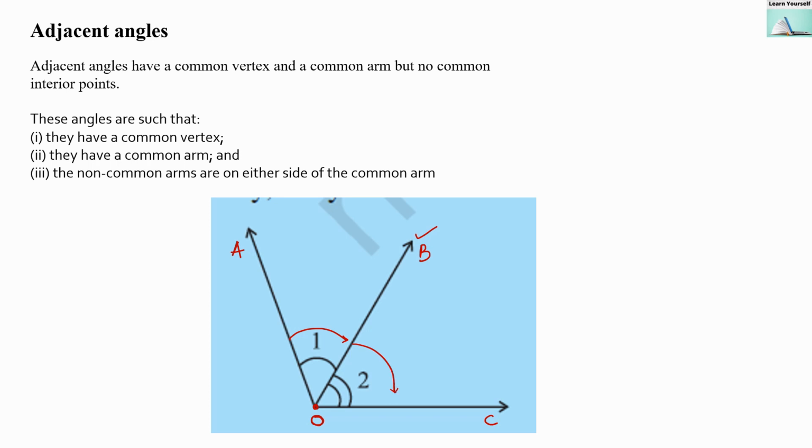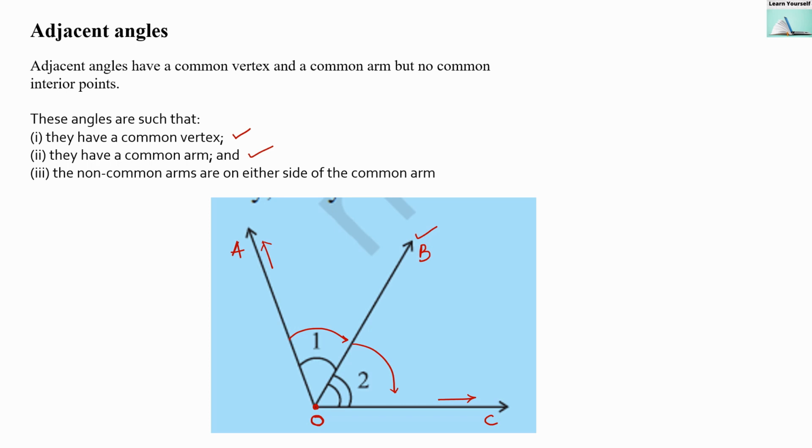So yes, they do have a common vertex, they have a common arm, and the third one is that non-common arms are on either side of the common arm. So this is the common arm OB and the non-common arms are this OA and OC, which are not common between these two angles.